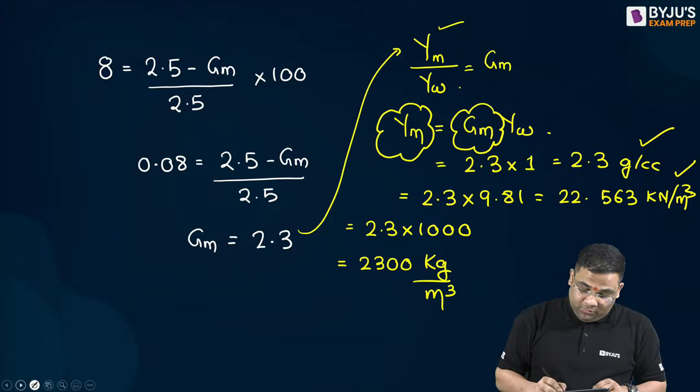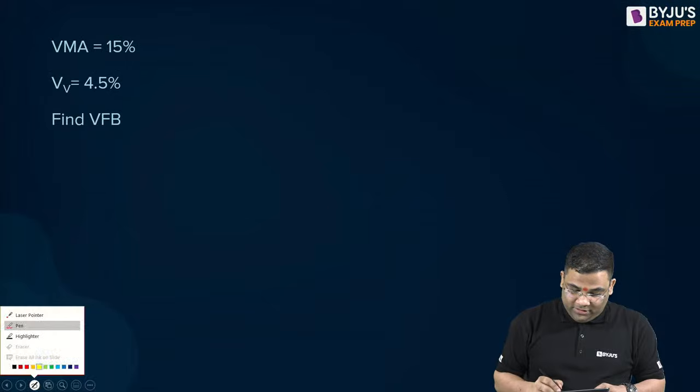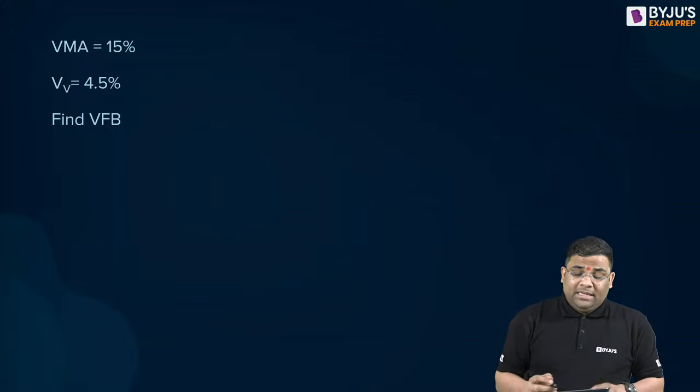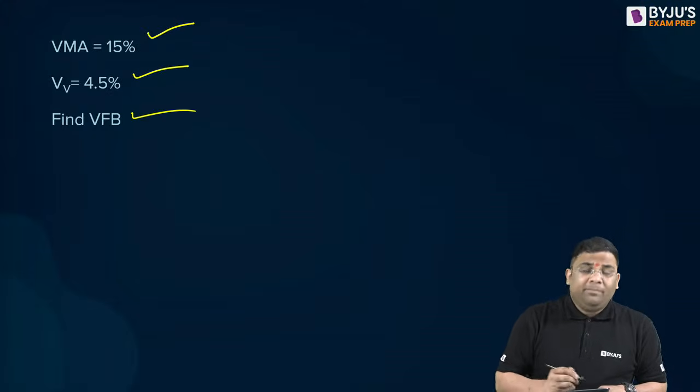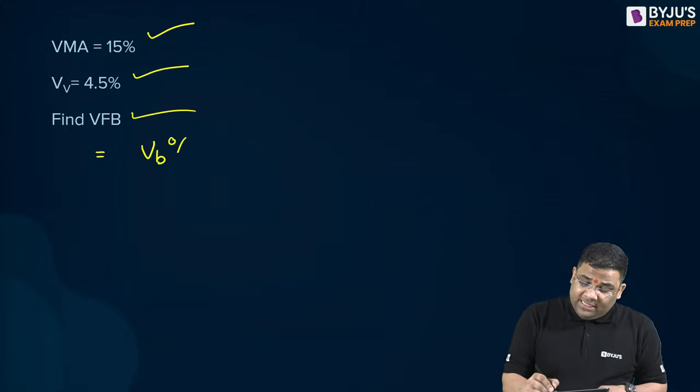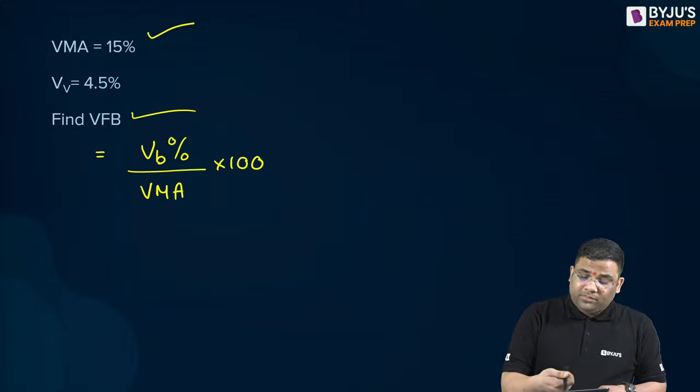Now a small GATE question. A very simple question which is asked in GATE. VMA is given and VB is given. They're asking you VFB. What is VFB? Volume of voids filled with bitumen. That is percentage bitumen divided by VMA, into 100. How to find this?